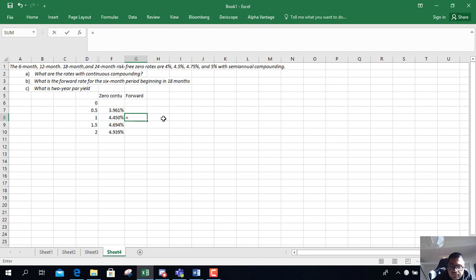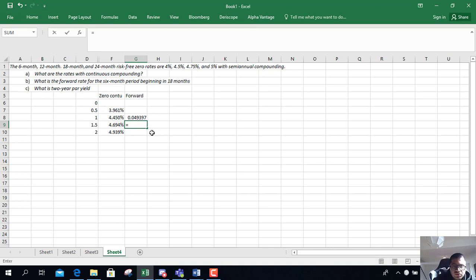So it is like last problem, this multiplied by 1 minus previous rate multiplied by 0.5 divided by brackets open 1.5 minus 1 minus 0.5. So forward rate at this point, like 1 year later for 6 months, is 0.493.